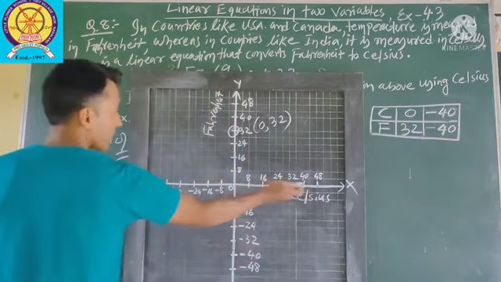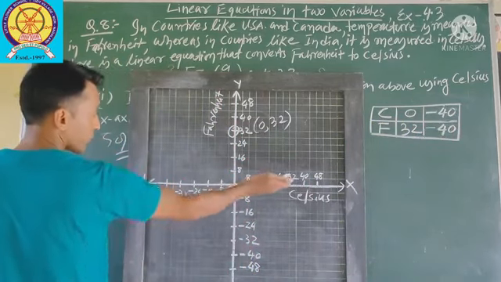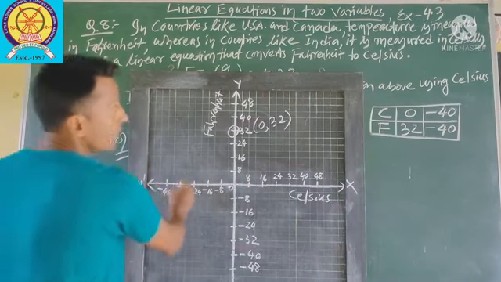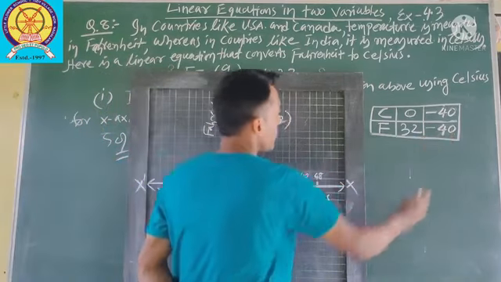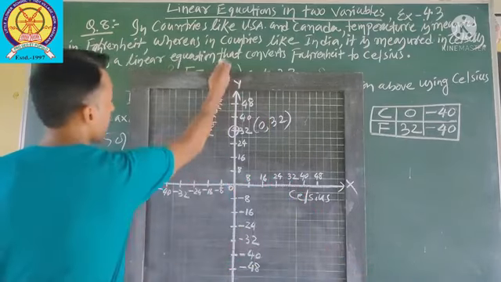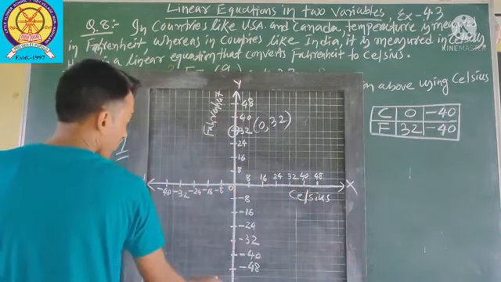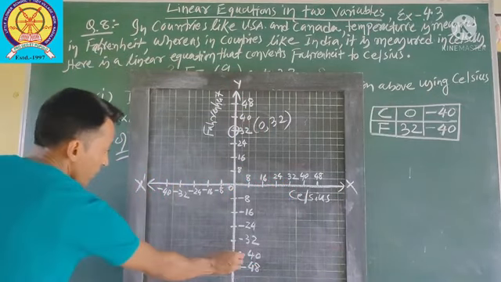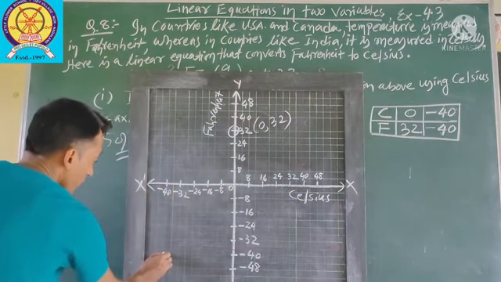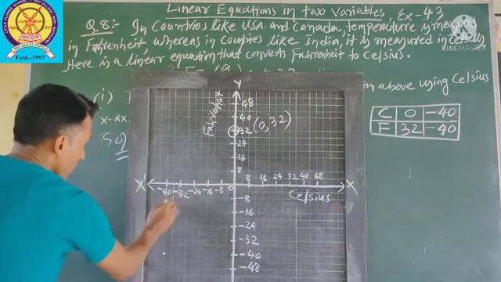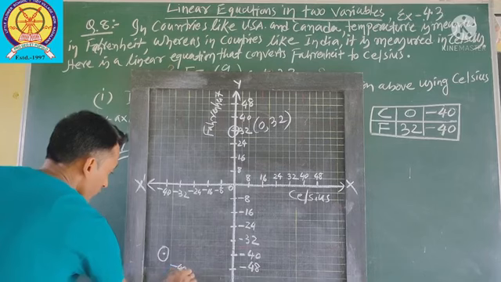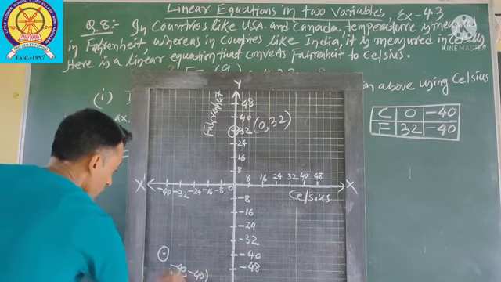Then Celsius is minus 40. The x-axis represents Celsius, so on the x-axis you see minus 40 here. Fahrenheit is also minus 40, and the y-axis represents Fahrenheit, so on the y-axis minus 40 is here. Your point is minus 40, minus 40.